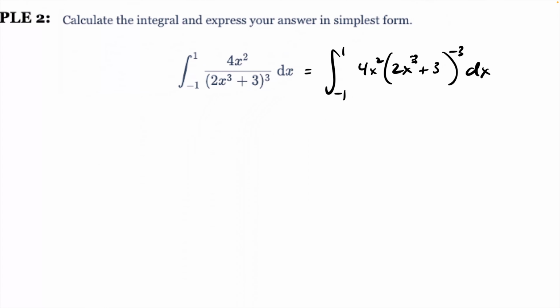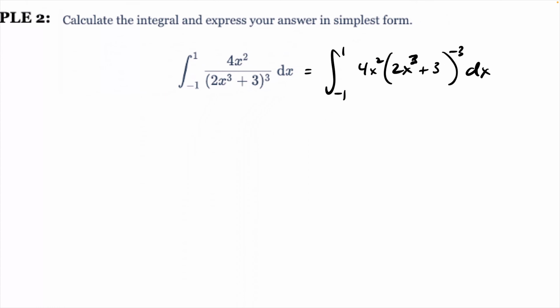Either one of those is okay. You don't need to rewrite it, but if you wanted to, that's what it would look like. So my next question, to find the antiderivative, can I just use the power rule, or do I have to use U substitution for this one?